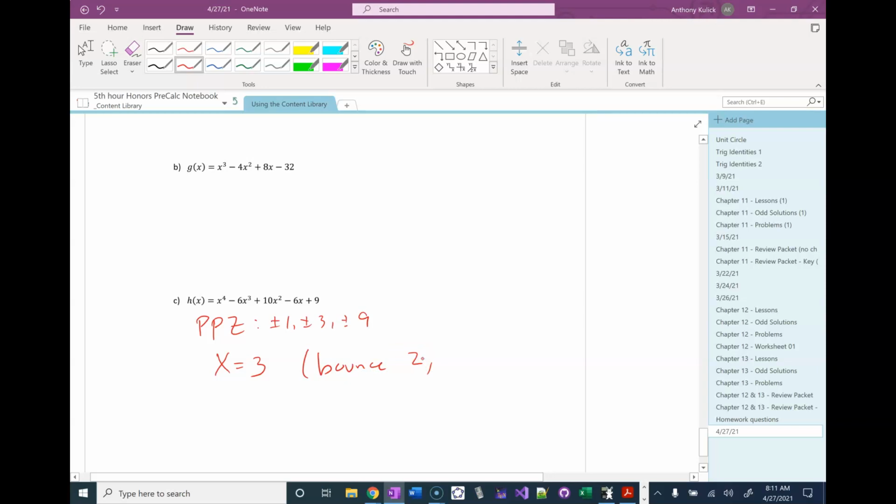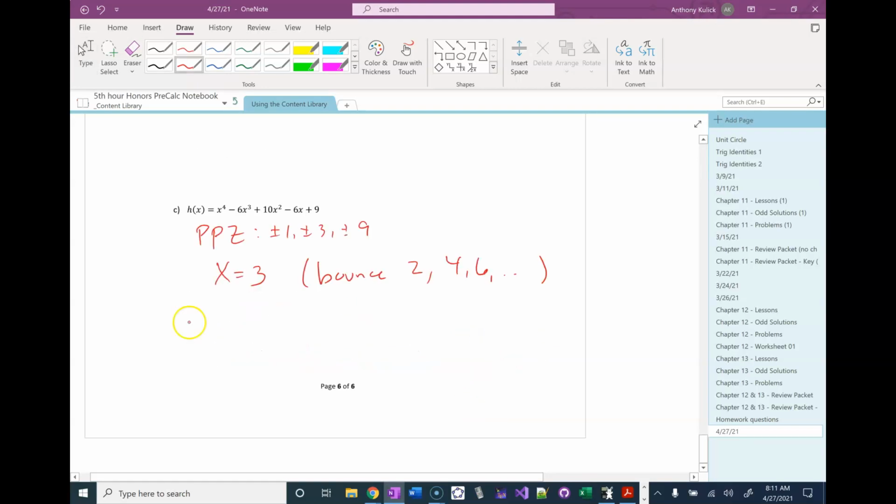So it could be used 2 times, 4 times, 6 times, etc. So when I do my synthetic division, I'm going to use that number at least twice. I might use it more than twice, but I might not. I don't know that until I actually try to do the synthetic division.